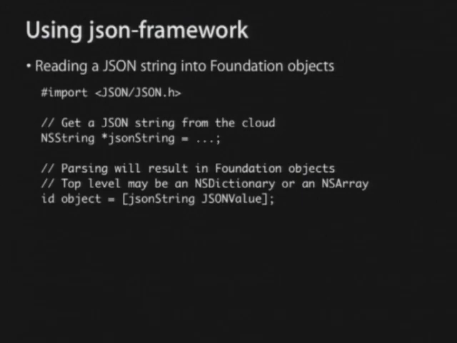Something like getting the JSON objects out of a string may be useful for a lot of consumers of NSString, especially in this application. So you can define something called a category, which adds these methods dynamically to the NSString class. So I don't need to invoke some other class and use some other methods. I can just say JSON value on an NSString instance, which is kind of cool.